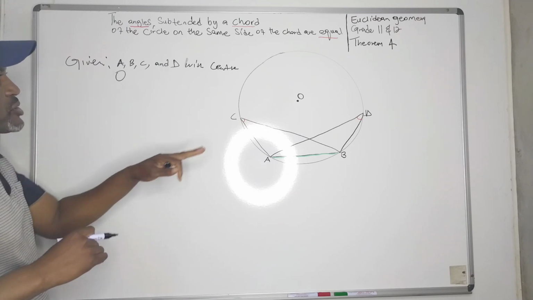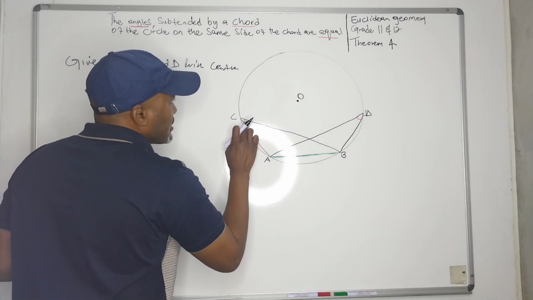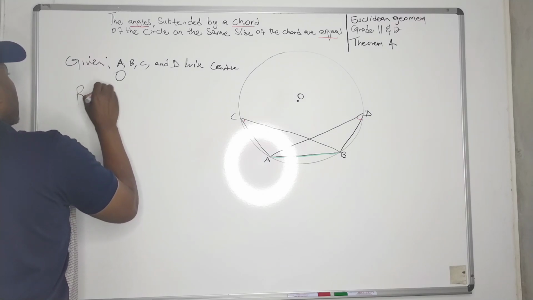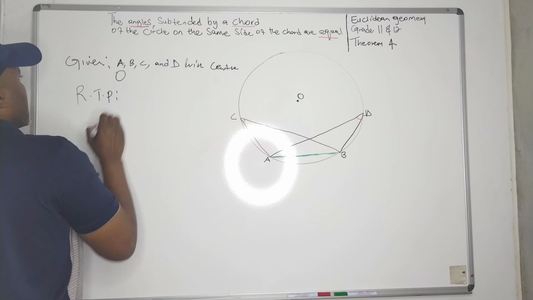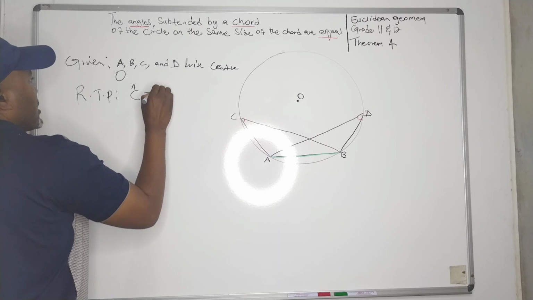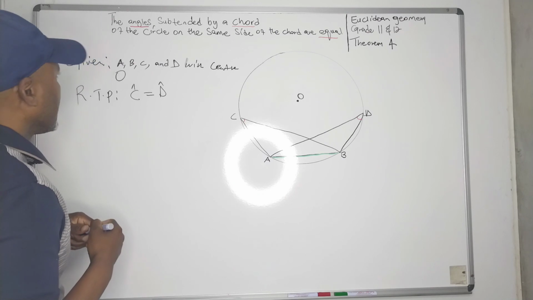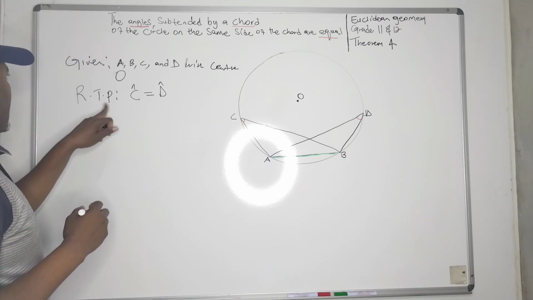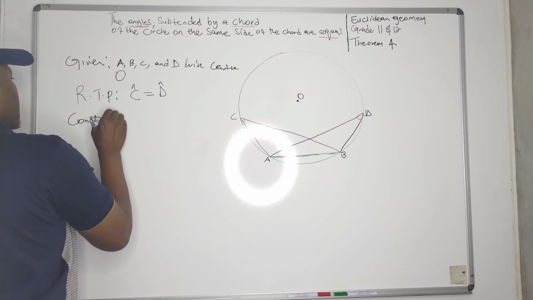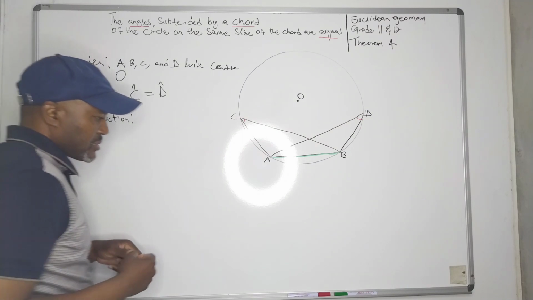So what are we required to prove? We are required to prove that this angle is equal to that angle. We are required to prove that angle C is equal to angle D. Then after RTP, we go to the construction.